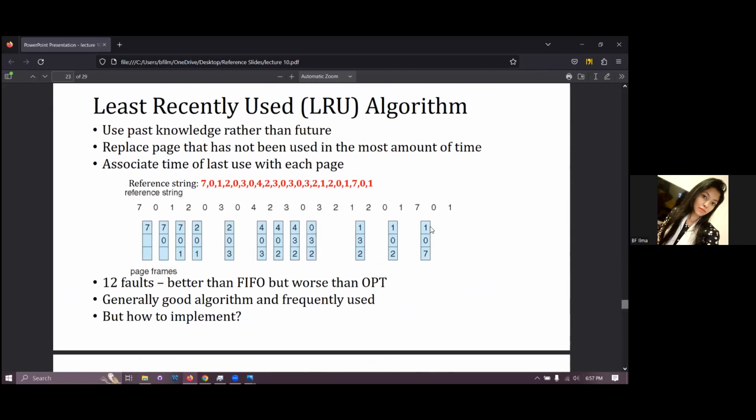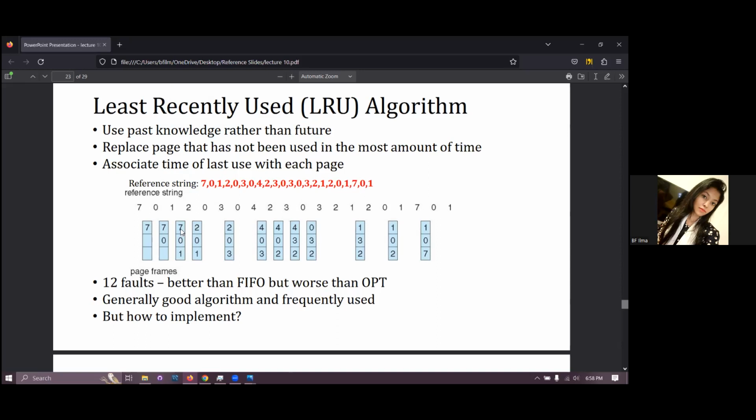So we have the least recently used algorithm next. This uses the past knowledge rather than the future. When compared with first in, first out, FIFO looks at the oldest load time. However, LRU looks at the oldest use time. So least recently used means, at this point, what was the thing that we used least recently, not the most recently?